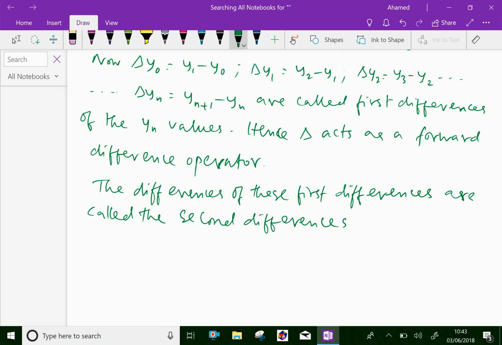Means the second difference is the difference of the first differences, the third difference is the difference of the second differences, and so on.